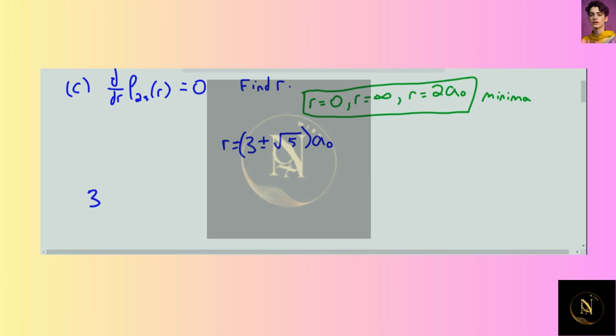We know 3 a naught minus square root of 5 a naught is less than 2 a naught, which is less than 3 a naught plus square root of 5 a naught.